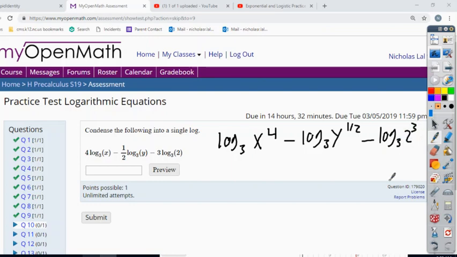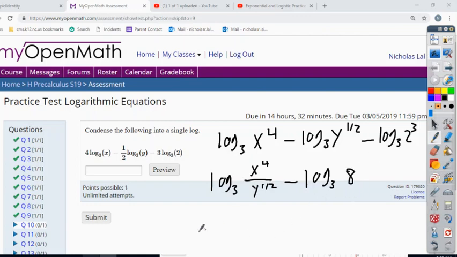Now we condense from left to right. This will become the log base 3 of x to the 4th divided by y to the 1/2. After that, I'm still subtracting the log base 3 of 2 cubed. That's 8, by the way.